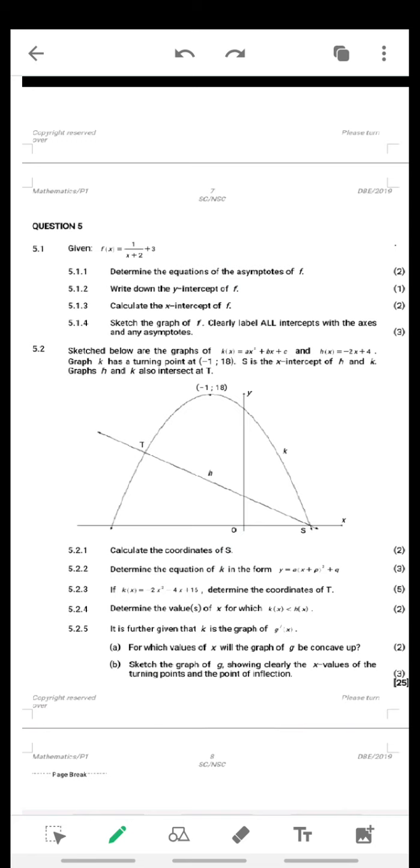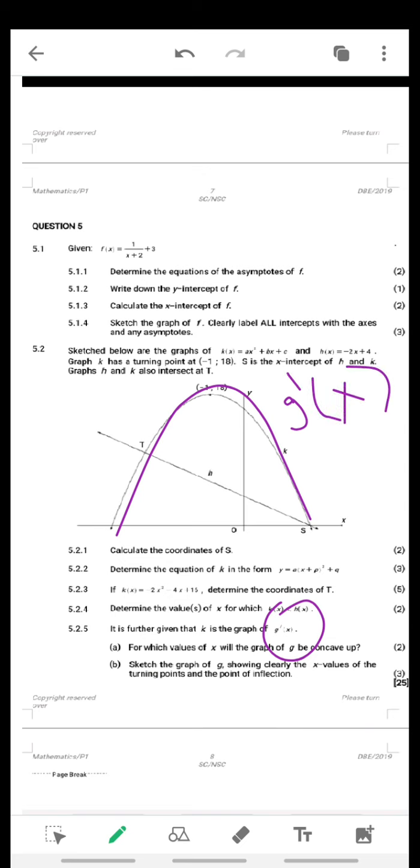Now, moving on, 5.2.5: it is further given that k is the graph of g derivative of x. So k, the parabola itself, is the derivative, meaning it is k of x and it's also g prime of x.